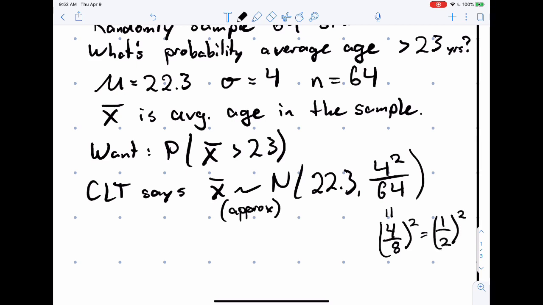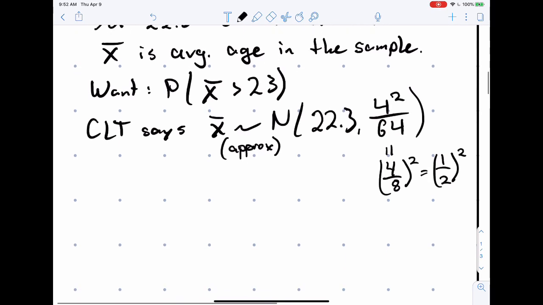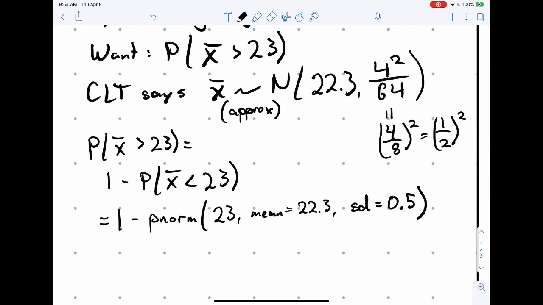Okay. So now we can use the z-table, or if we want to plug it into R, somehow find the probability. So you can write out the probability that x bar is greater than 23 as 1 minus the probability that x bar is less than 23. Then you can use the cumulative distribution function for a normal random variable with mean 22.3 and standard deviation 0.5.